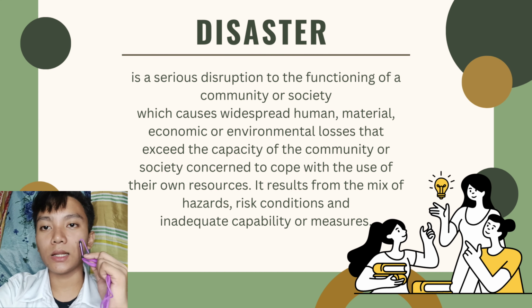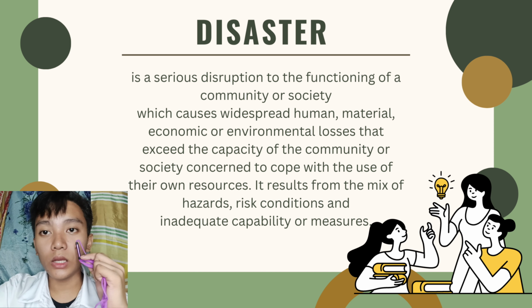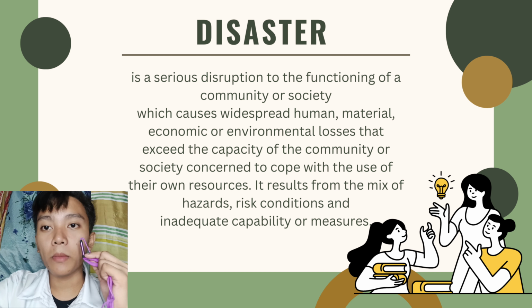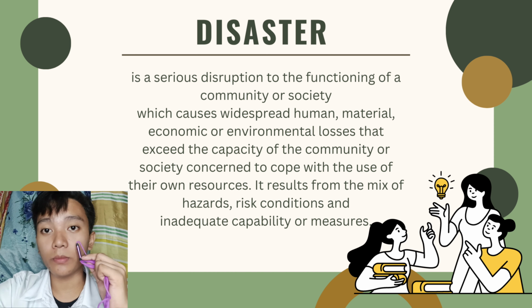Next is disaster. Disaster is a serious disruption to the functioning of a community or society which causes widespread human, material, economic, or environmental losses that exceed the capacity of the community or society concerned to cope with the use of their own resources. It results from the mix of hazards, risk conditions, and inadequate capability or measures.